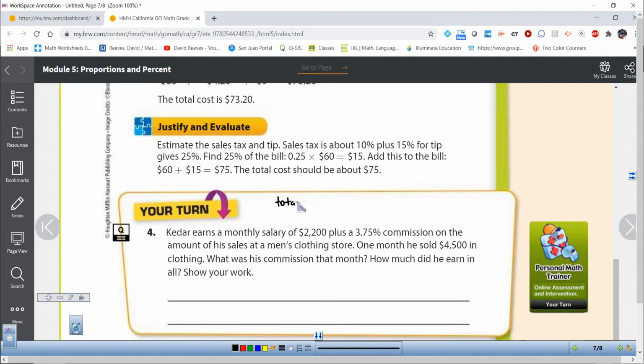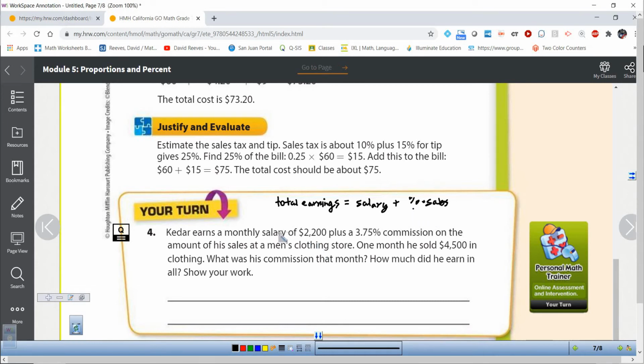Your total earnings are going to be your salary plus your percent times your sales. And remember, that percent is going to have to be written as a decimal.